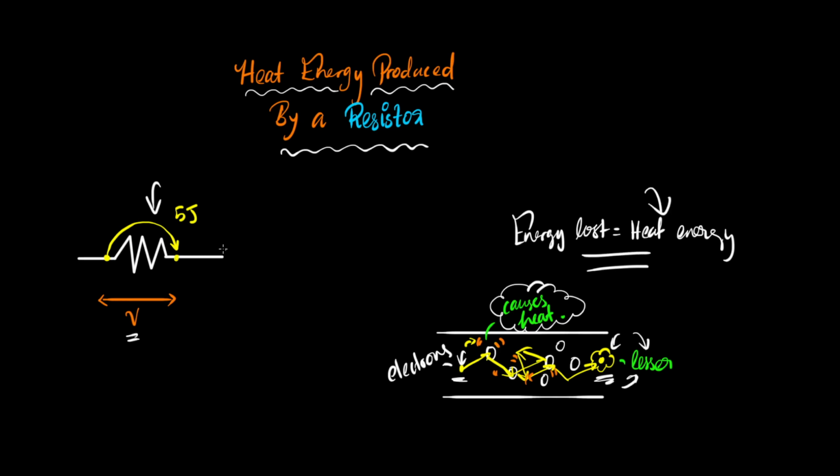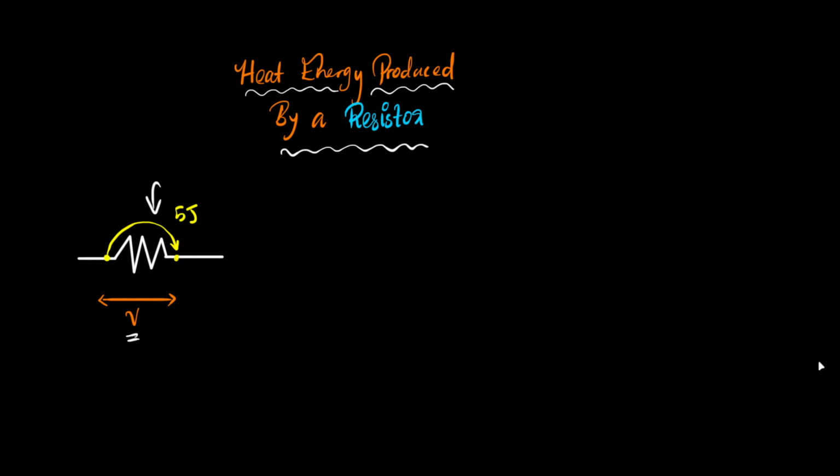So we know the energy being lost is now heat. We can change the potential difference formula from V equals energy by charge to heat energy by charge, because the energy is being lost, and energy lost is heat.